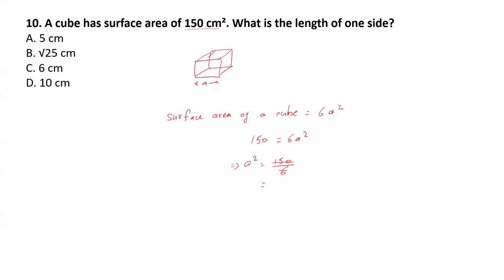They will get cancelled 3 times. So 5 and 0, 3 to 2, and 2 se 50 will get cancelled in 25. So a square is equal to 25. So a is equal to plus minus under root of 25, and that is equal to 5 because 5 into 5 is 25.